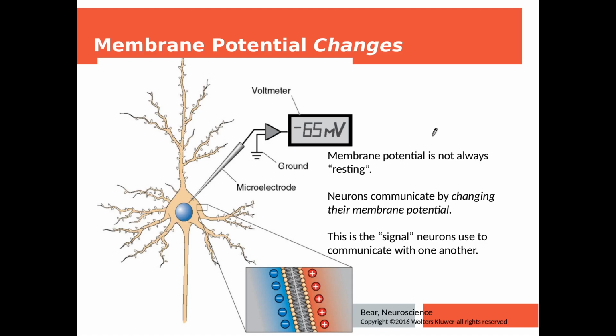It turns out that neurons communicate by changing their membrane potential. That's the signal that neurons use to communicate with each other.